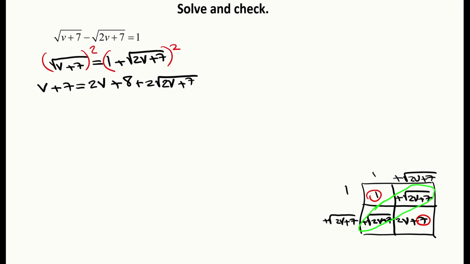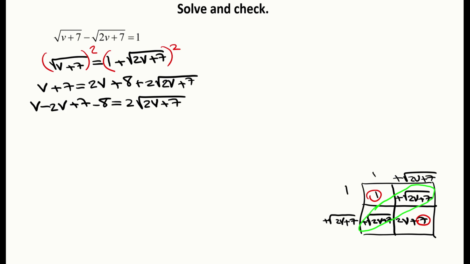So let's go ahead and get everything other than that radical on the other side. So we have v. Let me bring the 2v over right next to it. So minus 2v plus 7. Let me bring the 8 next to that. So it becomes minus 8. And on this side, we have 2 radical 2v plus 7.